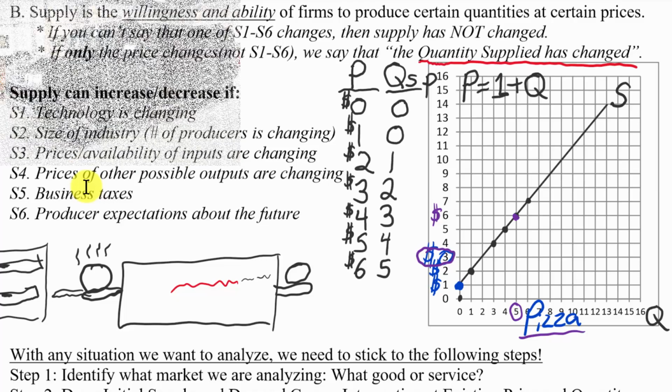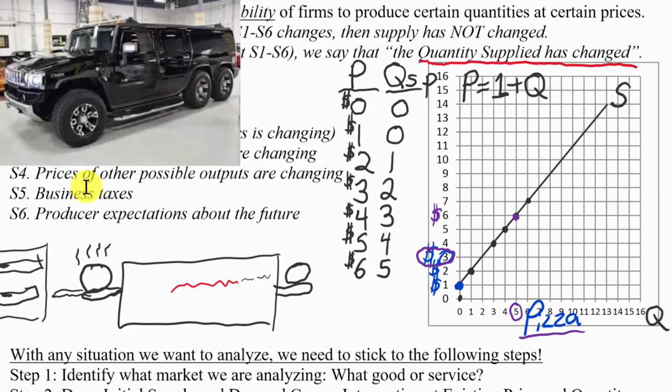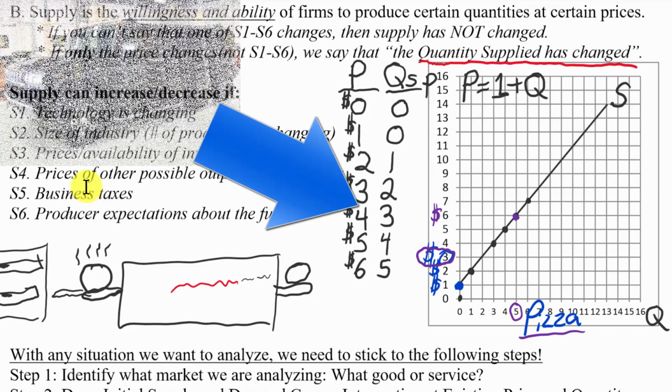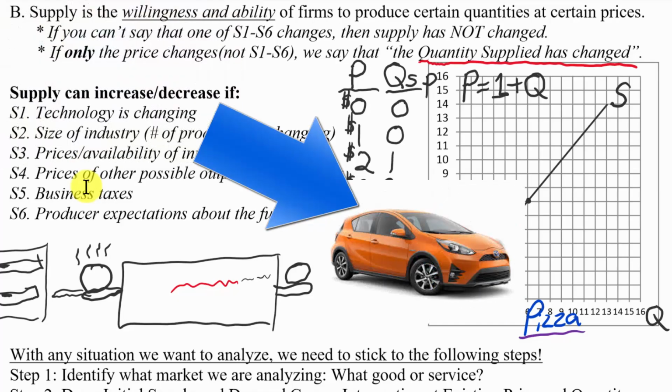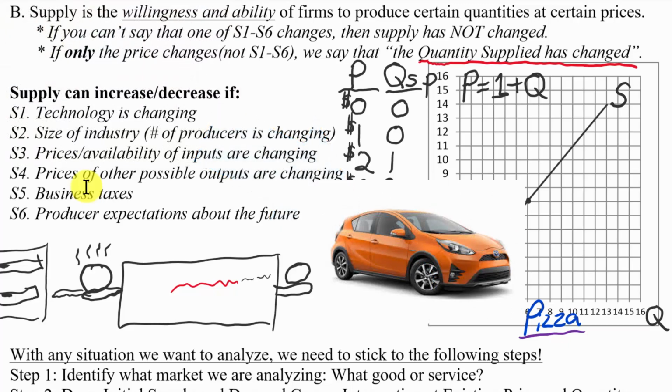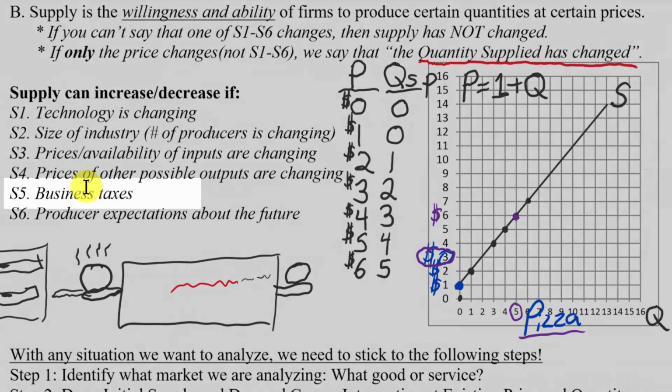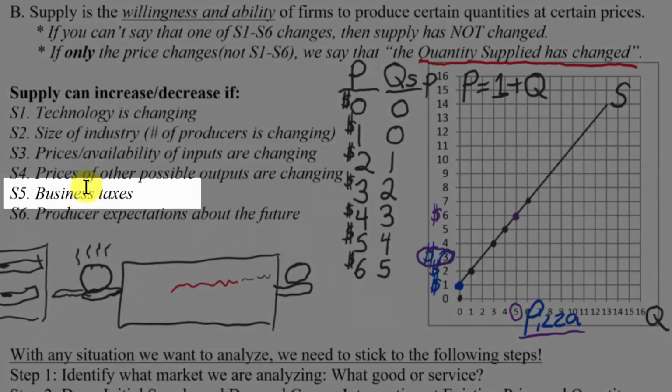So what most of these car manufacturers did is they shifted resources away from producing SUVs and toward producing hybrid cars. When people aren't willing to pay as much for SUVs, the supply of hybrid cars went up. Businesses were more willing and able to sell the hybrids because the SUVs just weren't profitable anymore. Another kind of obvious one here is business taxes.